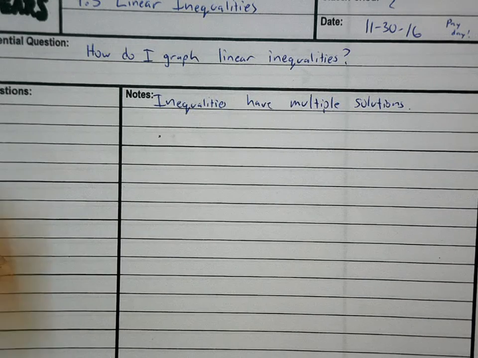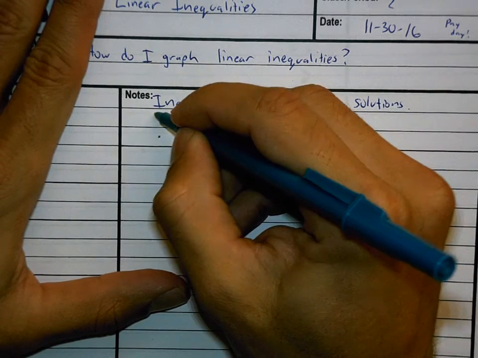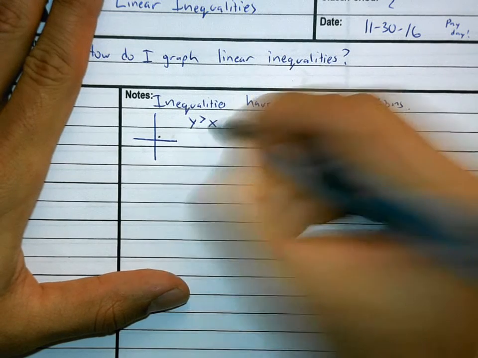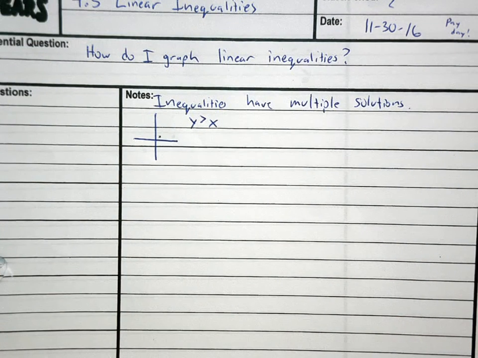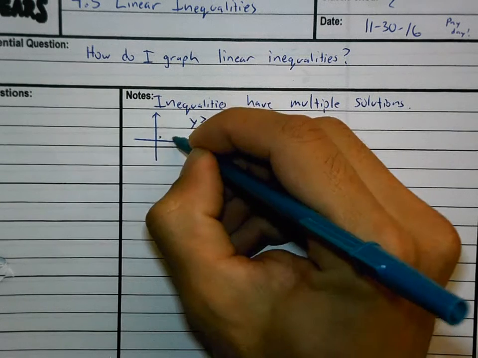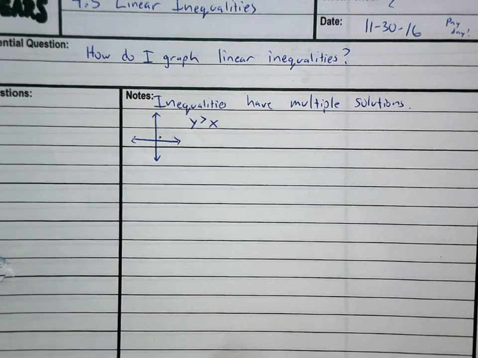For example, if I'm graphing something that looks like this, y is greater than x, where are all the y's greater than x? It looks like this. This is what the answer looks like.